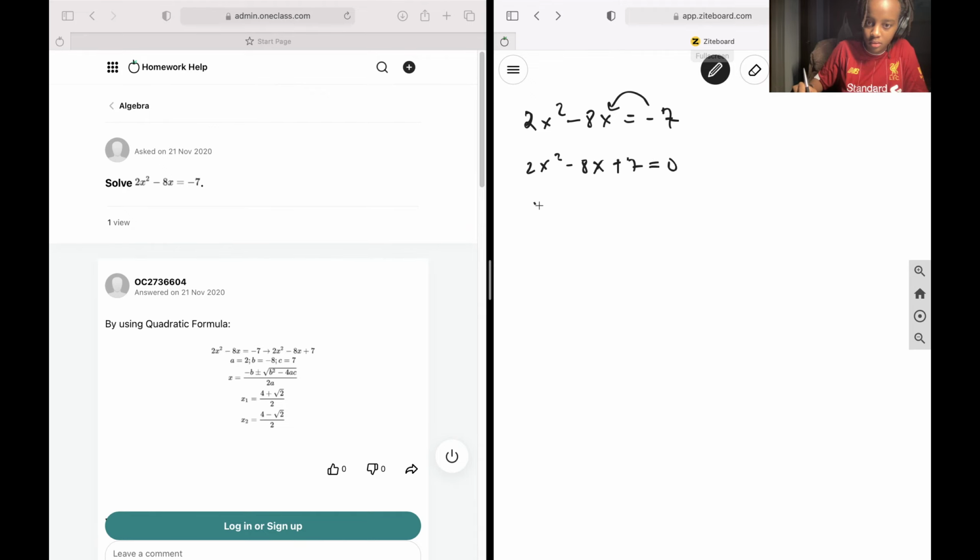So now let's just plug in our actual values. So we know that b is -8, so negative of -8 is +8 plus or minus the root of b squared. So that's going to be 64 minus 4 times 2 times 7, I'm just going to square root all of that, over 2 times 2.